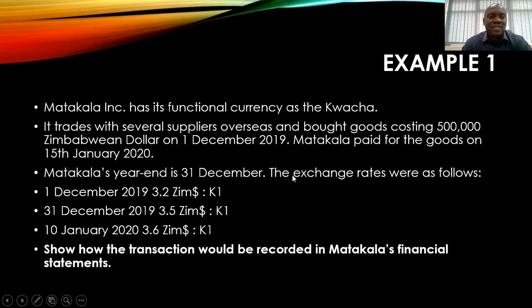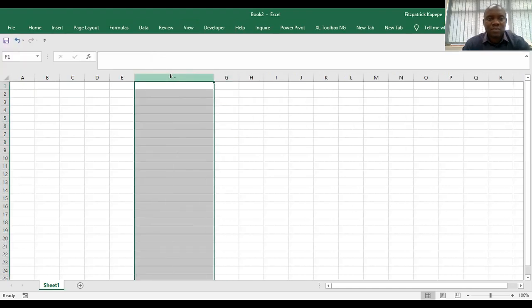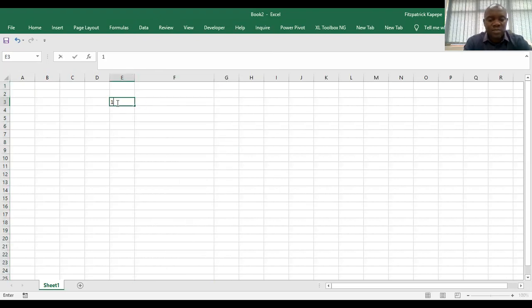Show how the transaction would be recorded in Matakala's financial statement. We can go to Excel. So we'll start with 1st December 2019.